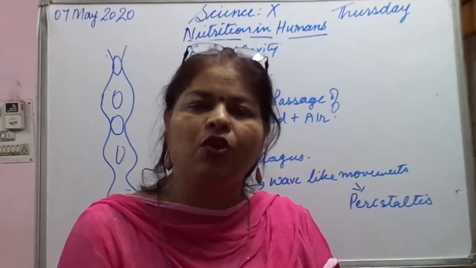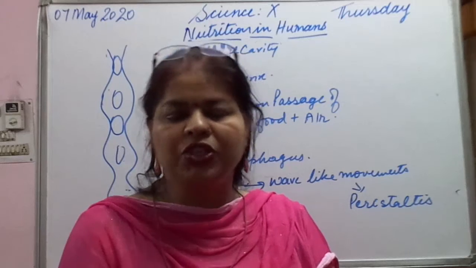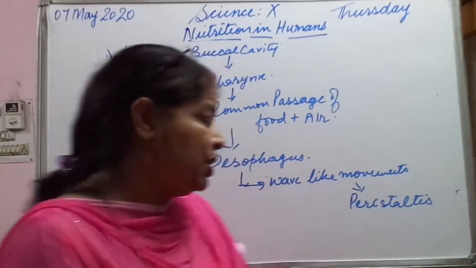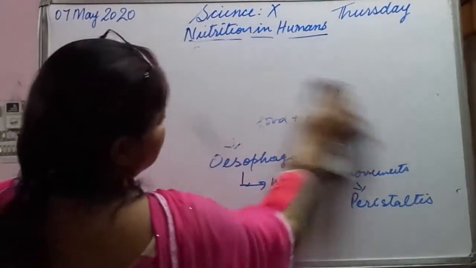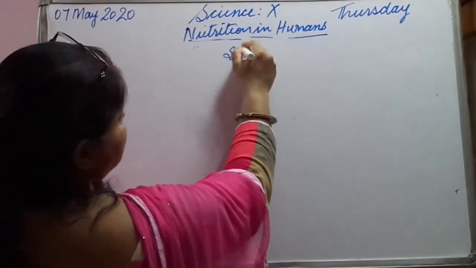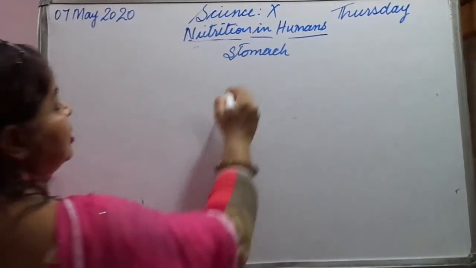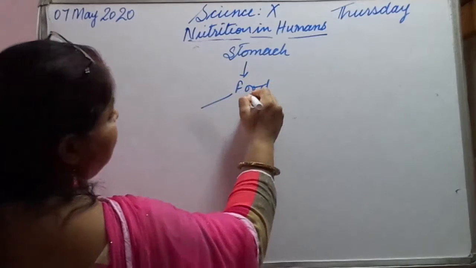In the inner wall of the stomach, there are gastric glands which help in releasing the enzymes. And these enzymes, what will they do? In stomach, what will happen now? Once the food enters into the stomach, the food is acted upon.